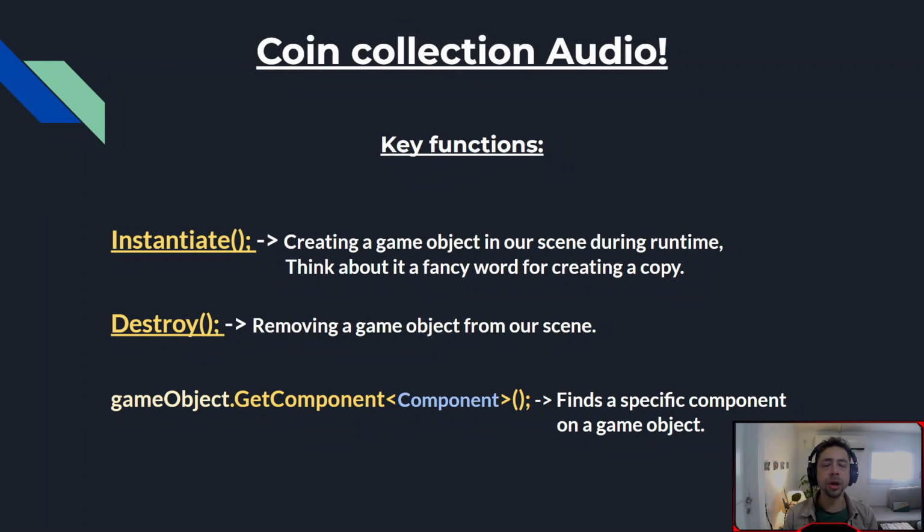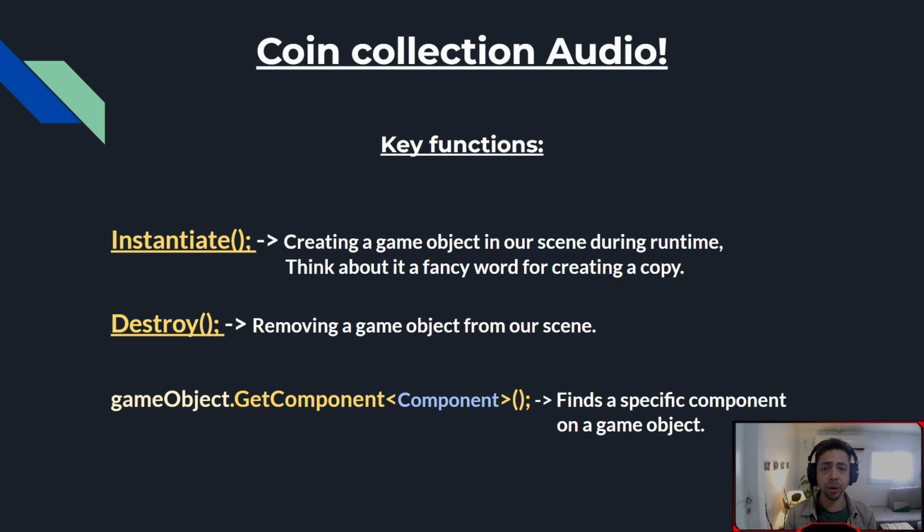So, coin collection audio. The key functions here were Instantiate, which is actually just creating a game object in our scene during runtime. As I said, we can think about it as a fancy word for creating a copy of, in our case, the coinSFX game object.